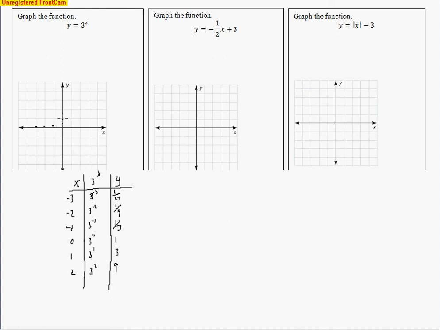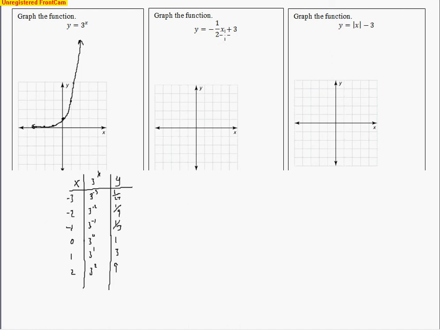And then at 0, I have 1. At 1, I get 3. And at 2, I get 9, so it's going to be way up here somewhere. You can kind of see what this looks like. It gets really close to the x-axis to the left, but towards the right, it goes up very quickly. So that's what our line should look like. Make sure it doesn't cross the x-axis in this case.